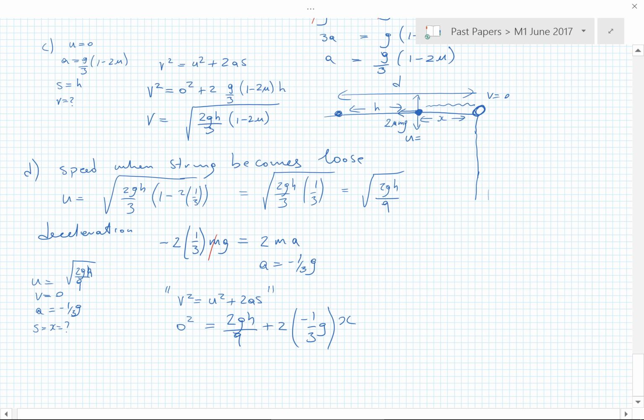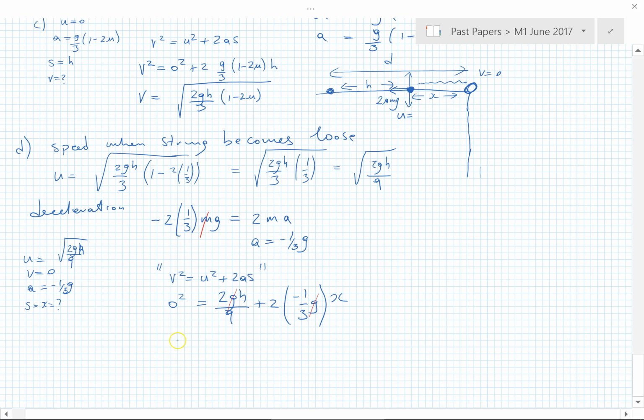So cancelling out g, we're going to get 0 equals 2h over 9 minus 2/3 of x. So timesing that through by 9 and cancelling out the 2 as well, you'll get that x is equal to 1/3 of h.